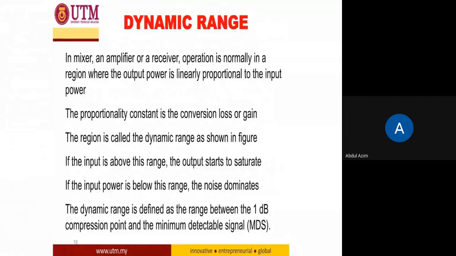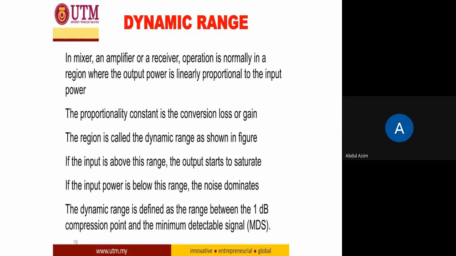Okay. So this is another important part of this course. Today I want to touch on the dynamic range. What is dynamic range and what are the other things related to dynamic range? In a mixer, amplifier or receiver system, operation is normally in a region where the output power is linearly proportional to the input power.